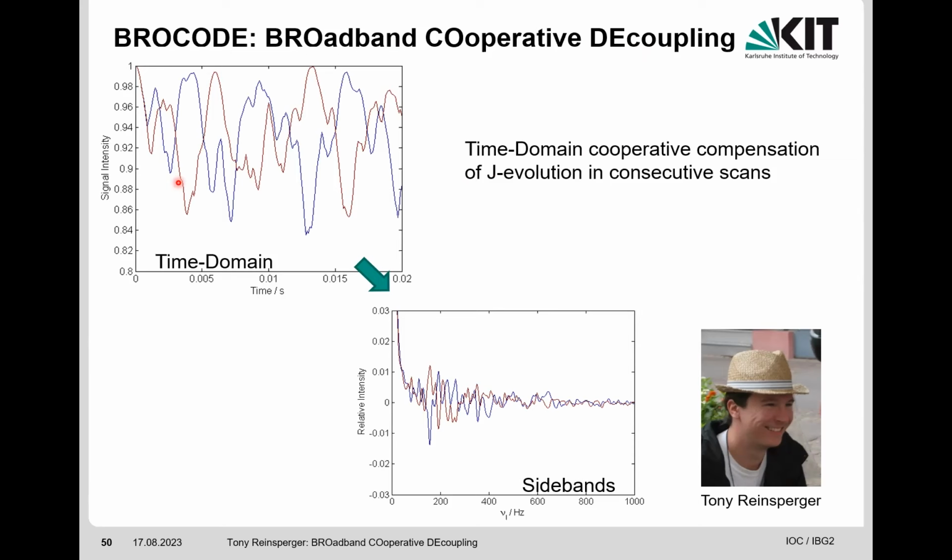So we optimize the pulse shapes to compensate each other. We optimize them simultaneously. What you see here is the red one and the blue one, and where the blue one has a high signal, the red one is down, so they compensate each other to get, in the end, a smooth line here. And you see it also in the sidebands, that some peaks will subtract each other.